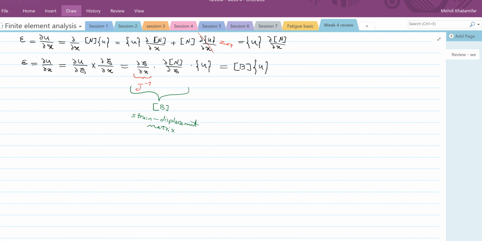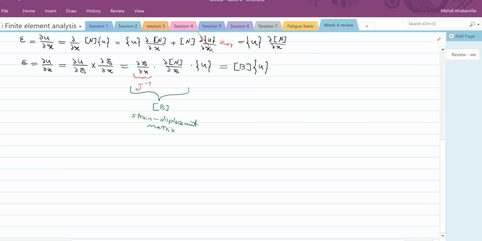Change the color to gray to differentiate from our other calculation. du d eta, let's start like this.